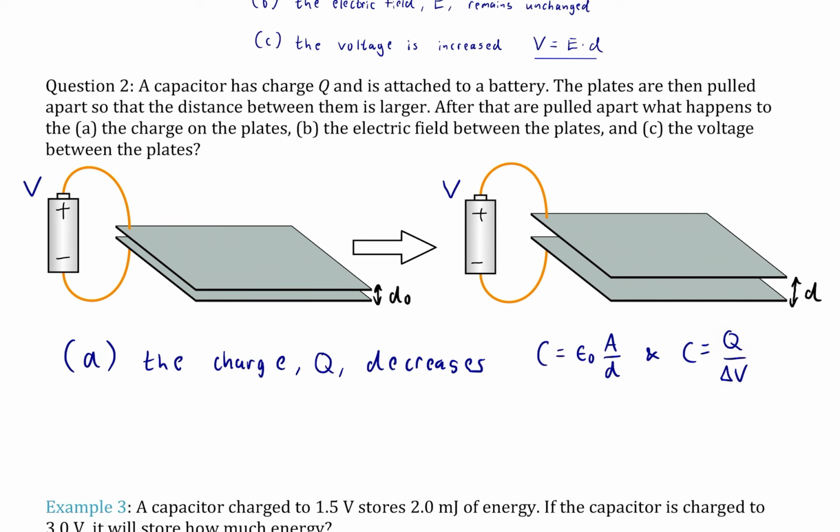So effectively, there was a bunch of electrons on the bottom side, pushed away from the negative terminal of the battery. But when you pull the plates further apart, the battery is still pushing electrons, but its push doesn't matter as much. So some of these electrons will redistribute themselves into the wire itself, right?